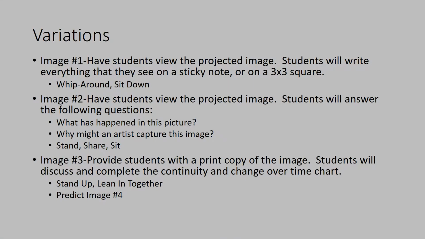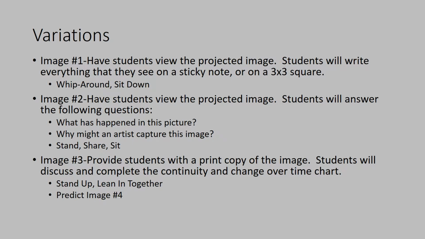Now, if you are concerned about the seat time required to complete the analysis of 4 images, there are a few variations that can provide the same effect. Image number 1, have students view the projected image. Students will write everything that they see on a sticky note or on a 3x3 square.